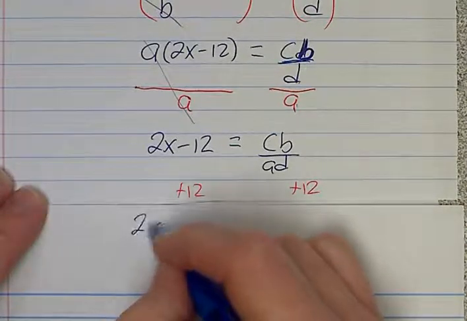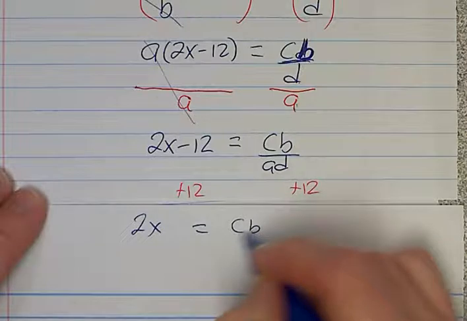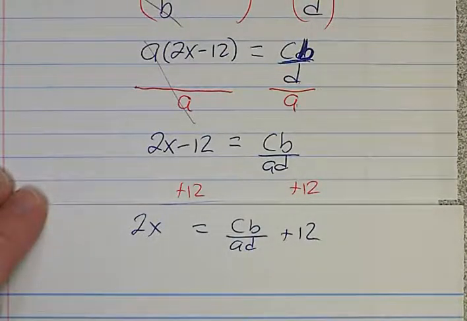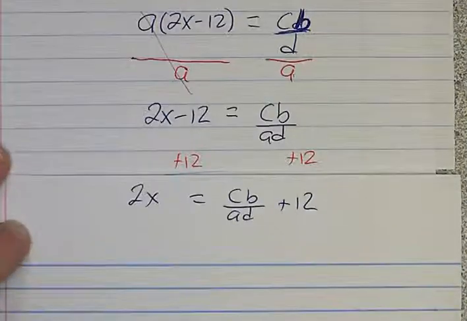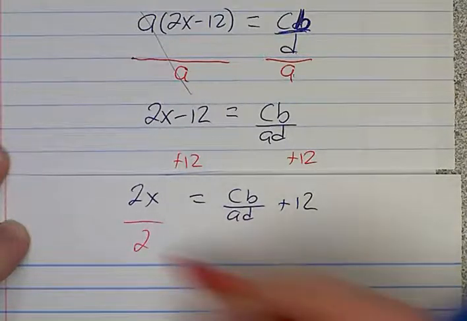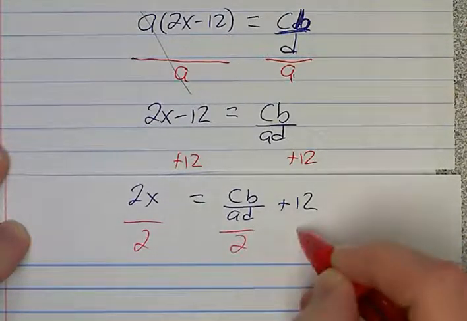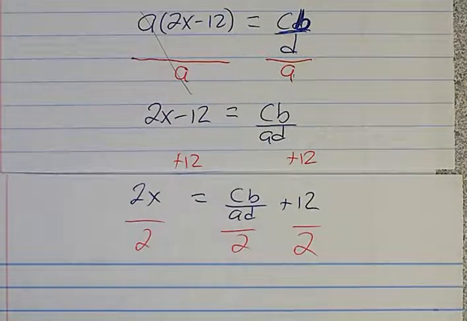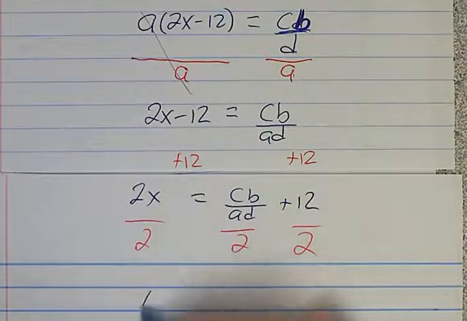So we've got 2x equals CB over AD plus 12. And then the last thing is, because it's 2 times x, you've got to divide by 2. So divide this by 2, divide that by 2, and divide that by 2.